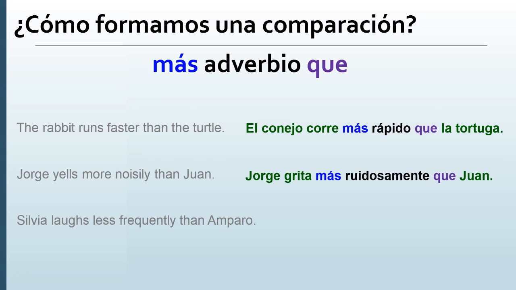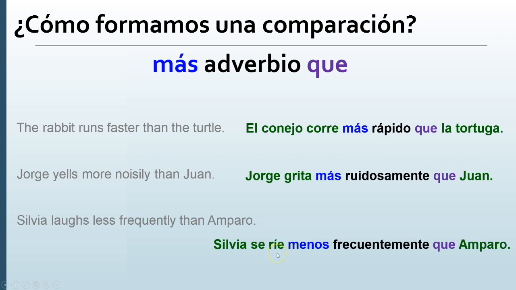And then, so we can practice using menos, Silvia se ríe menos frecuentemente que Amparo. So we get to practice with reírse, which has a funky conjugation. And we also get to practice with frecuentemente, which has CUE, which is different from the English QUE.